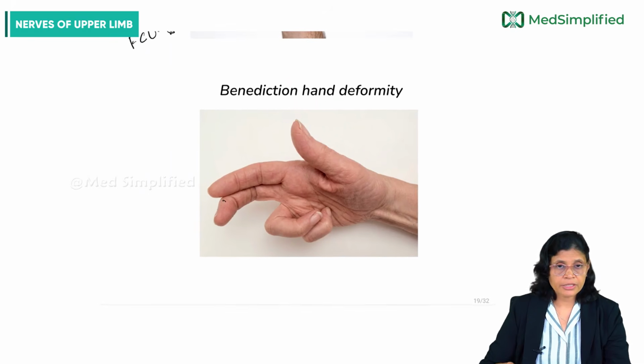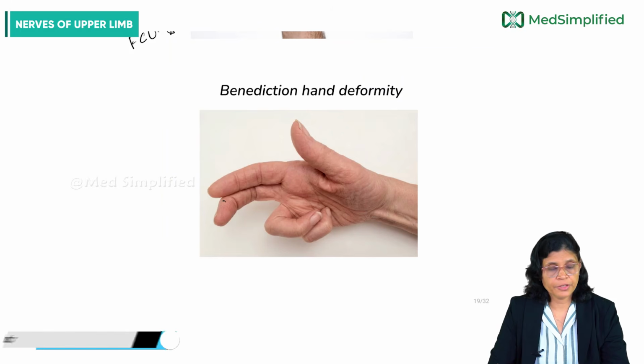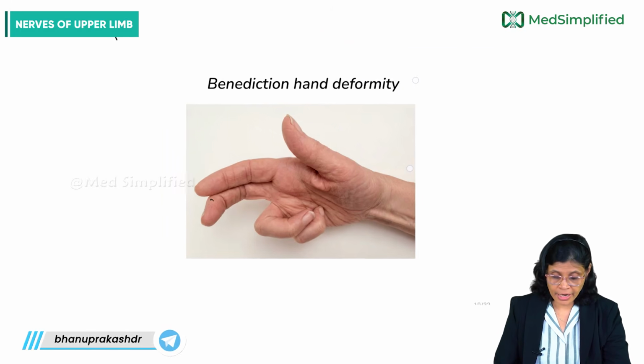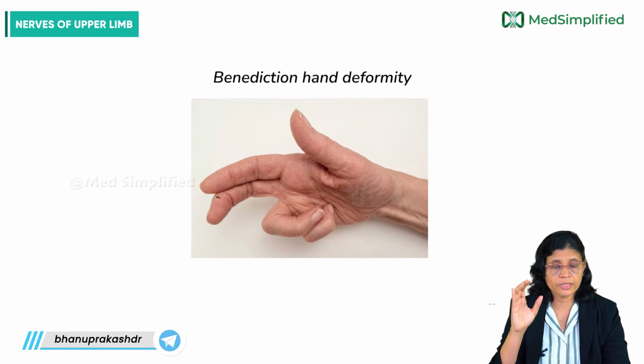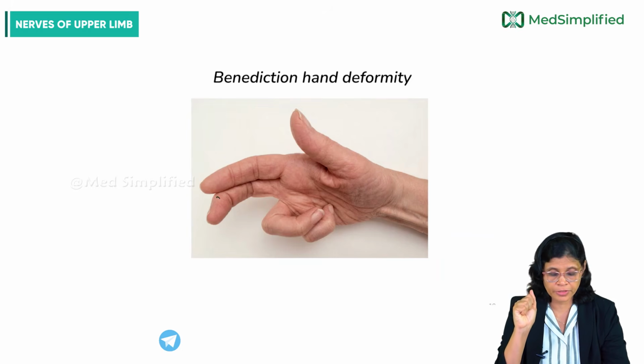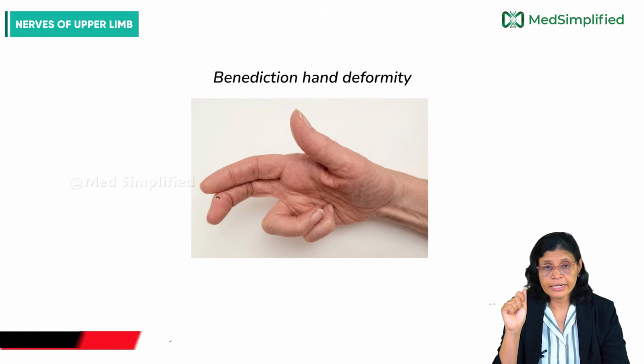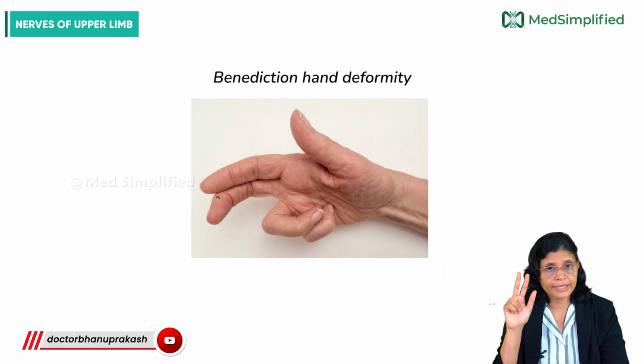So two deformities are common in median nerve injury which we observe in the hand. One is the benediction hand deformity. In this, when we ask the patient to make a fist, the index and the middle finger remain straight like this. This we call the benediction hand deformity.